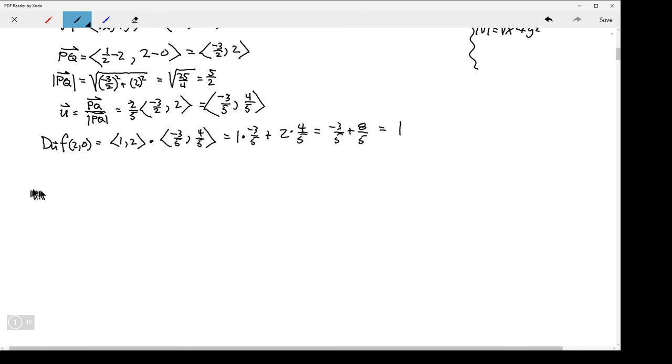Now let's look at the maximum rate of change. Where is the graph the steepest? It's in the direction of the gradient.